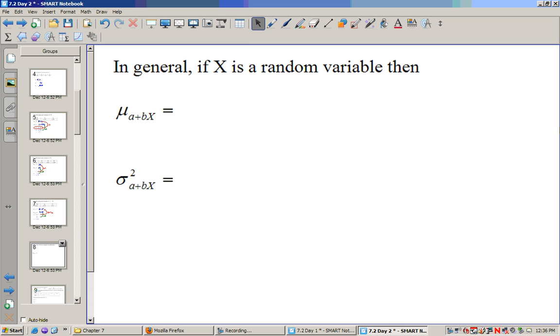So in general, if I have a linear transformation of all the data pieces, my mean will move by a plus b times the previous mean of x. In my standard deviation or my variance, I have to take b squared times the previous variance.